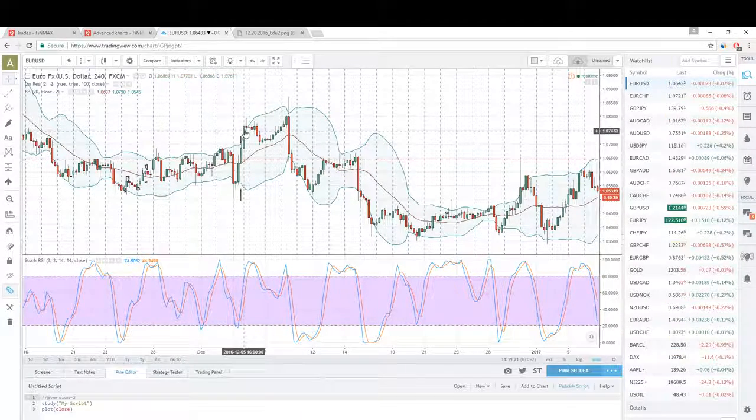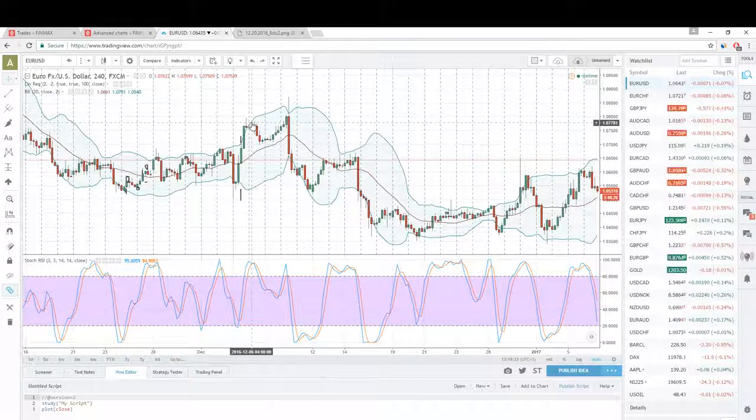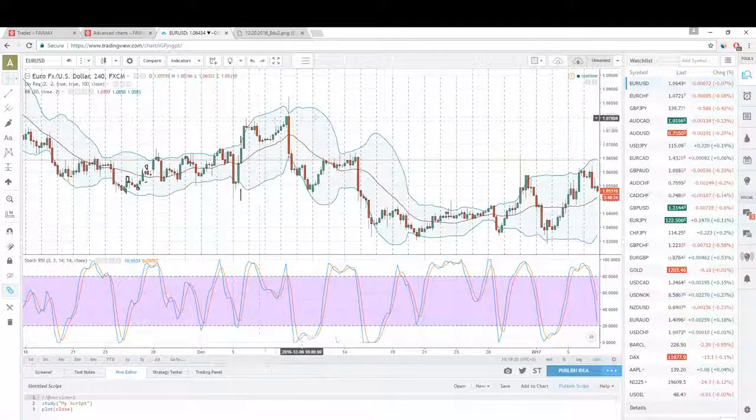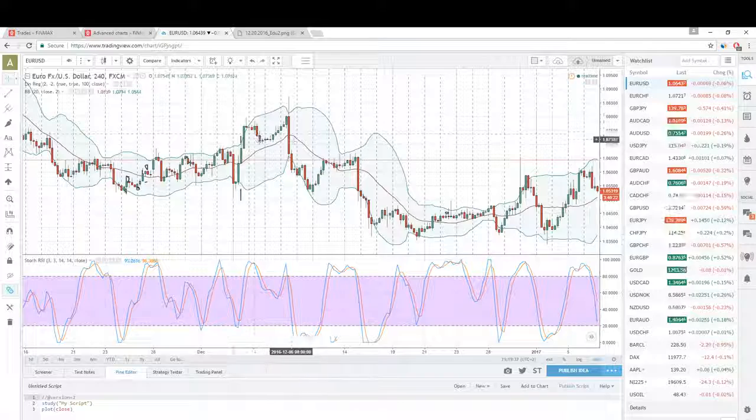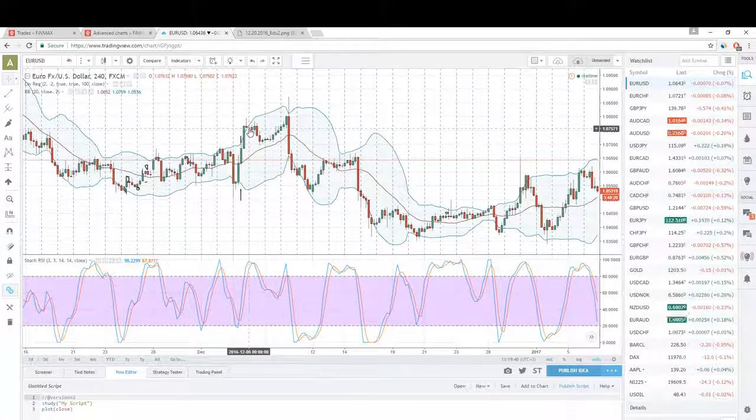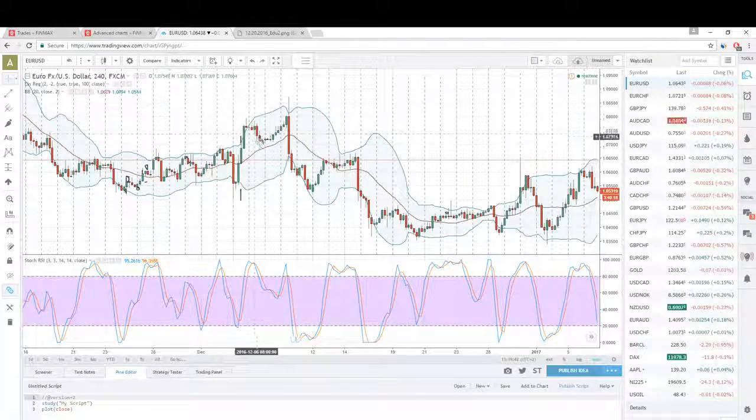So it means that the price opened at almost the same level as the market closed. And after that we see a doji and a downtrend for a while.